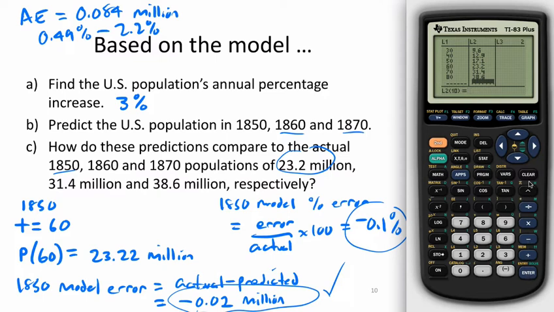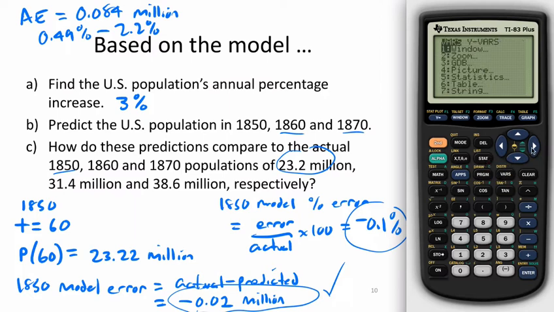Now for each of these I want to calculate the error, the model error for those years. To do the model errors, I need the model predicted values. So for all of these inputs, let's generate the model values, the model predicted outputs.